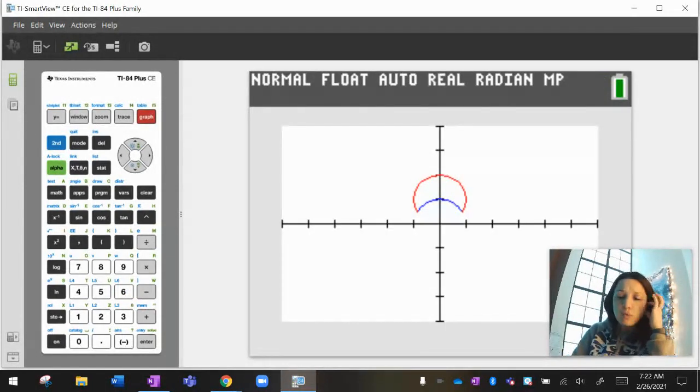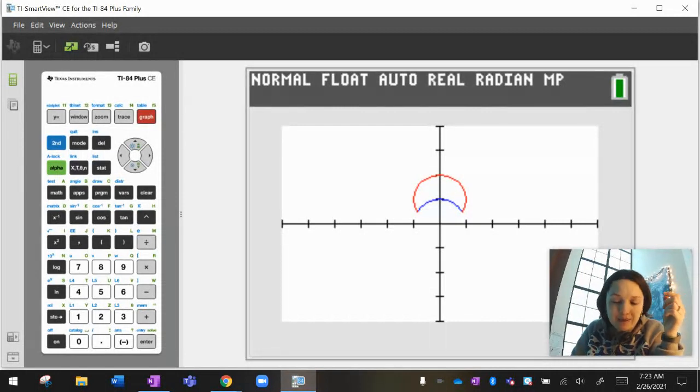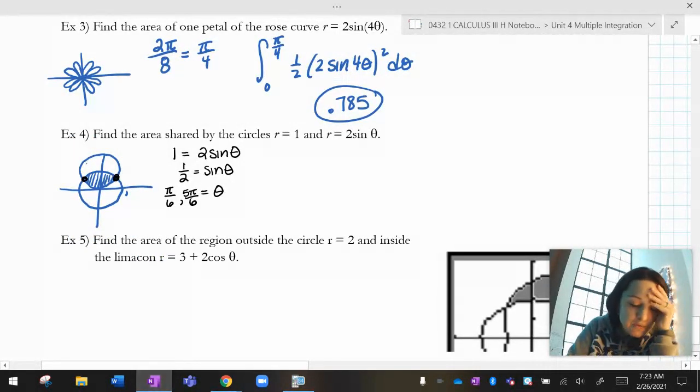Okay, so what happens when I graph that from pi over 6 to 5 pi over 6 is I'm going to get the top part, but what I really wanted was the bottom part. Okay, so this is helpful here. So when we think about it, if I graph that from pi over 6 to 5 pi over 6, I'll get that section out there.